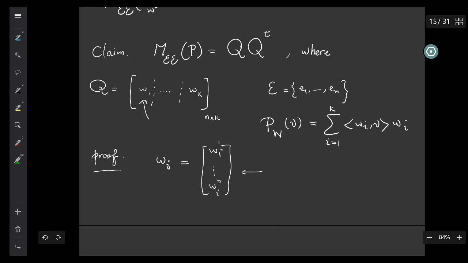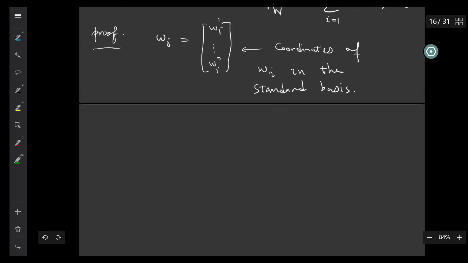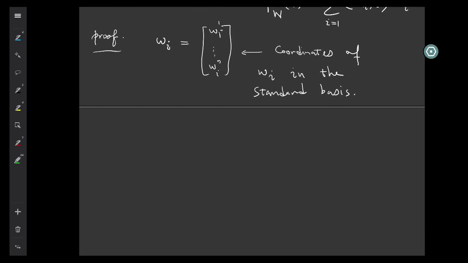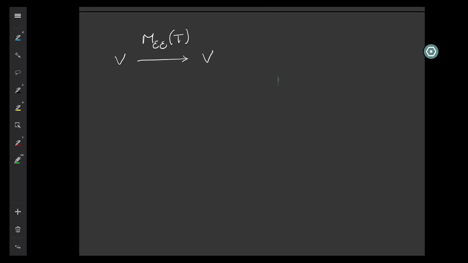These are the coordinates of Wi in the standard basis. Okay, and now what do we want? We want M E E of t.